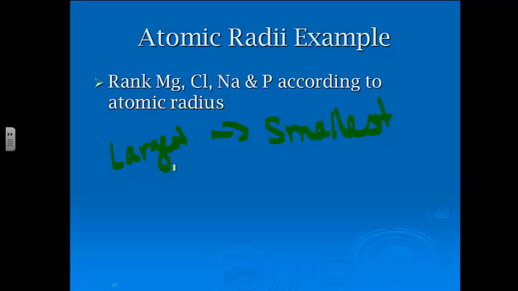So if the largest is over on the left-hand side, the first one that we're going to come to is sodium. Then the next one is magnesium. Then we're still in that third period as you move across. The next one you're going to come to is phosphorus, and then finally chlorine. So you should be able to rank them as well, which really is just going to the periodic table and knowing the pattern.